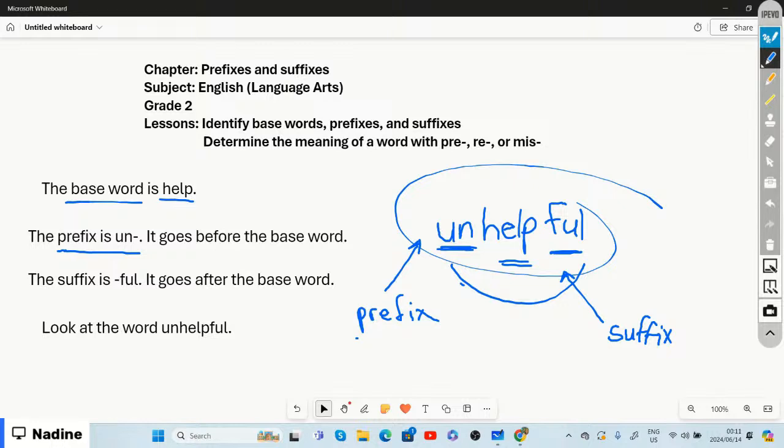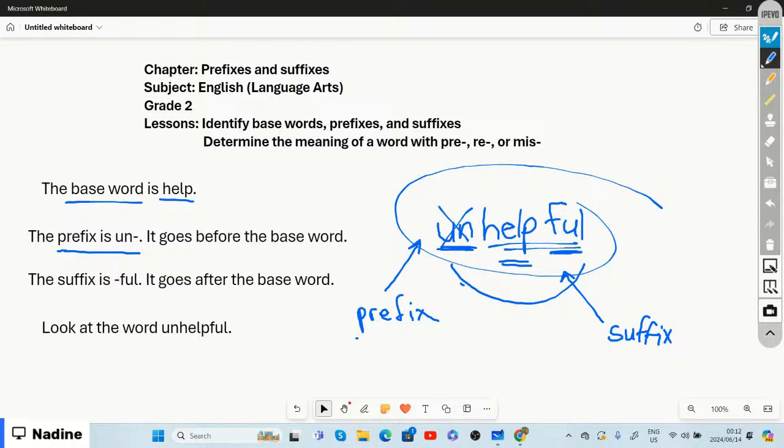If we say you're being helpful, then it means that you're either giving or you're ready to give help. Like you are there to assist them. Like I am helping someone. You're being very helpful. You're assisting someone when needed. You're being useful as a friend, as a child at home, helping your mom. You're being helpful.